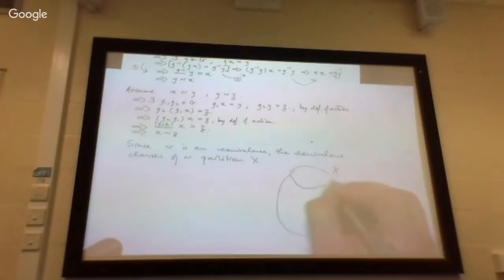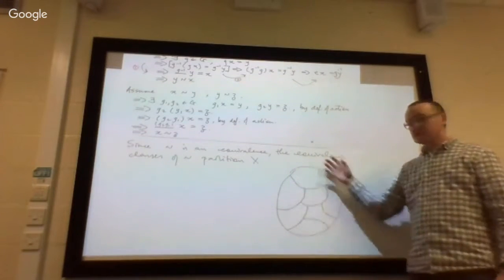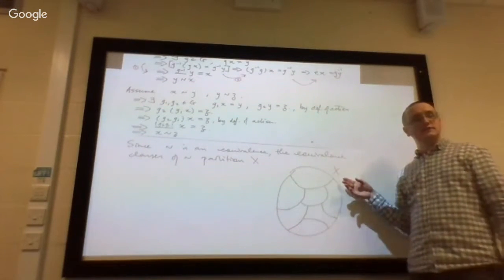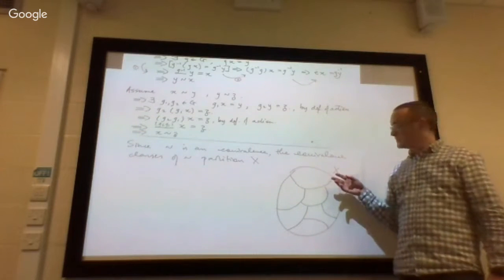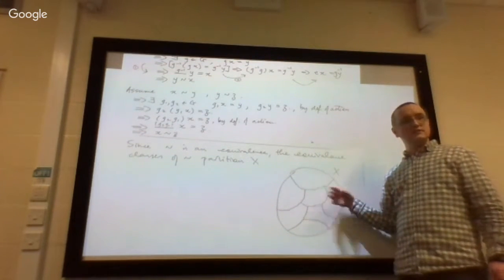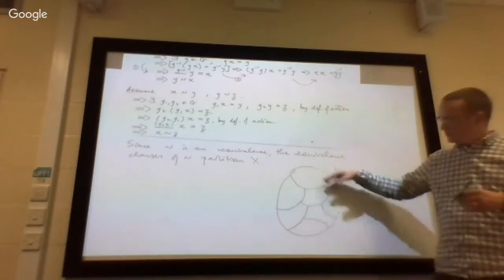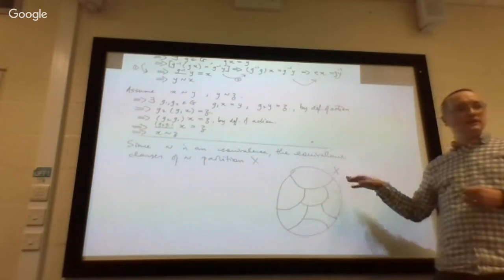A partition is a subdivision of a set into a collection of cells or subsets, for want of a better word, in a nice way, right? So that the collection of subsets covers the whole set X, and there's no overlap between subsets. The subsets are distinct from one another. But when you take the union of them all, you've got the whole of the set X.